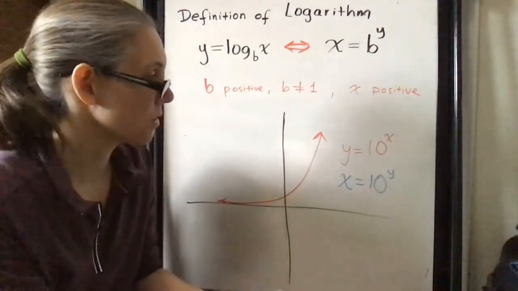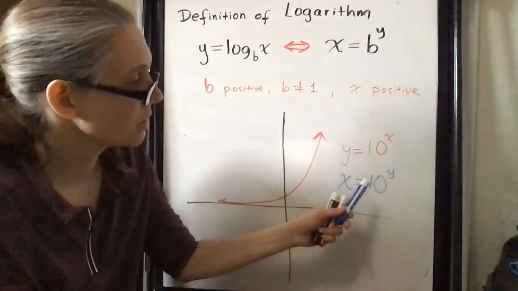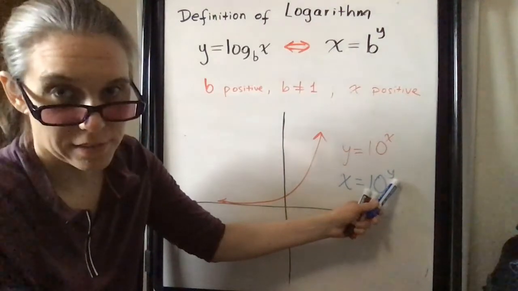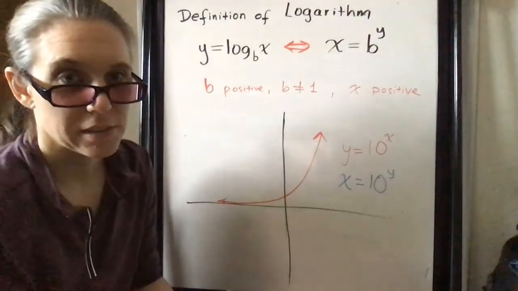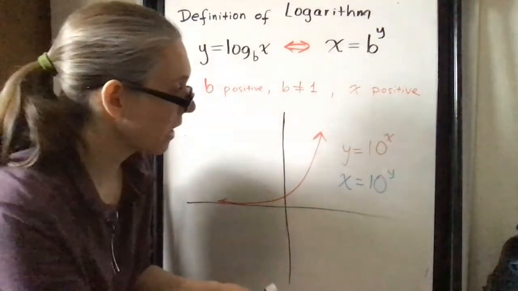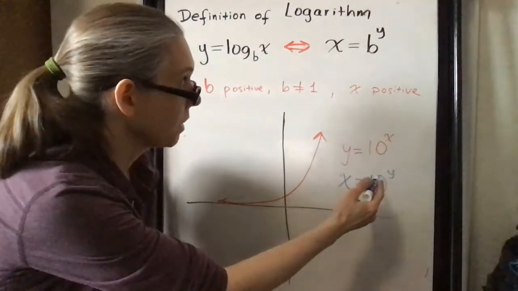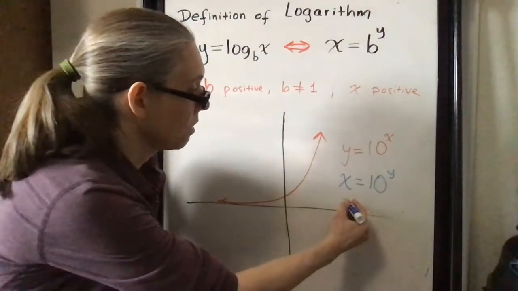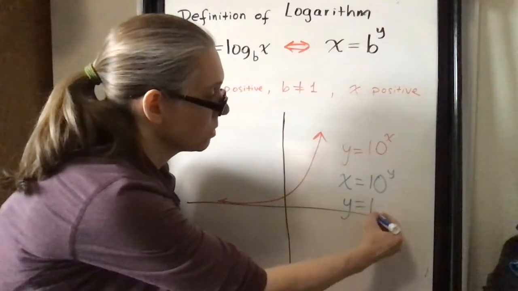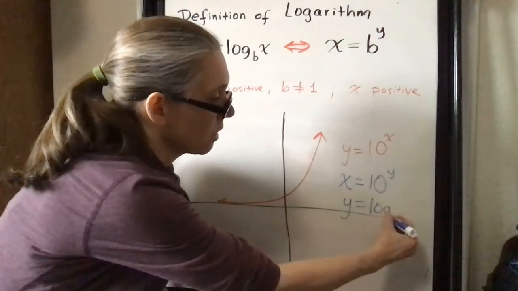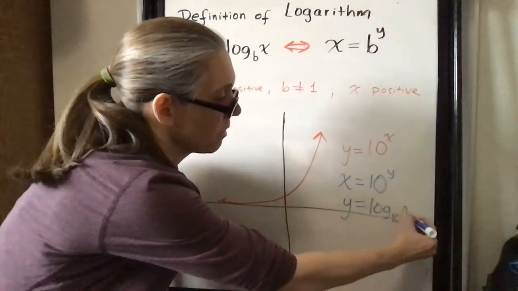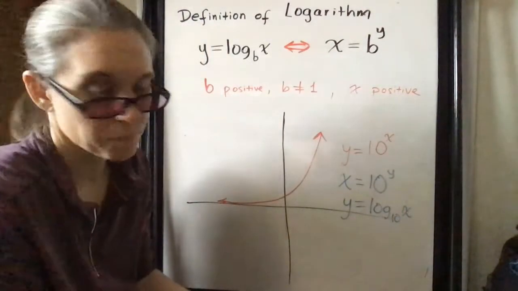So the inverse function is what's going to happen when you get y by itself. And the way that we write it, if I want to get y by itself here, this ends up being y is equal to log base 10 of x. This is the way that we write it.